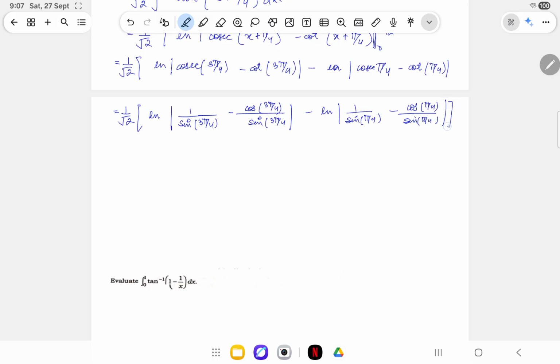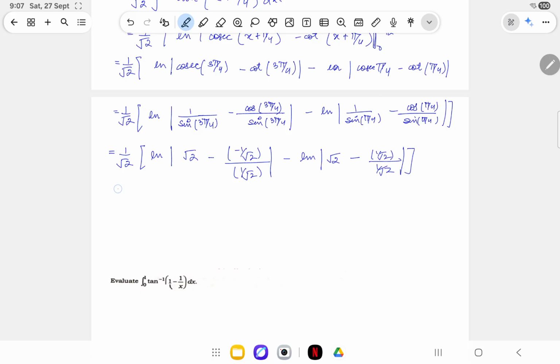And now let's plug in these trigonometric values. 1/sin 3π/4 is 1/(1/√2), which is √2, minus cos 3π/4, which is −1/√2, divided by sin 3π/4, which is again 1/√2. Similarly, sin π/4 is 1/√2 and cos π/4 is 1/√2.